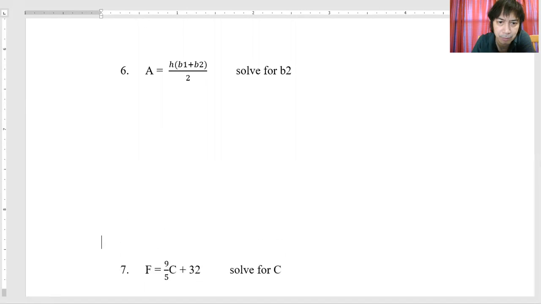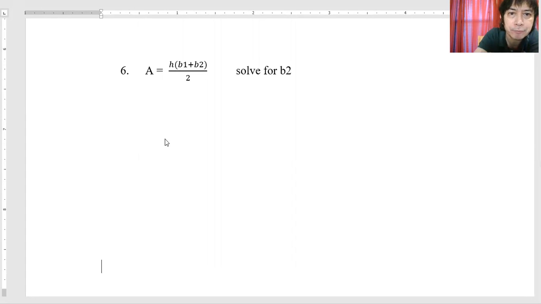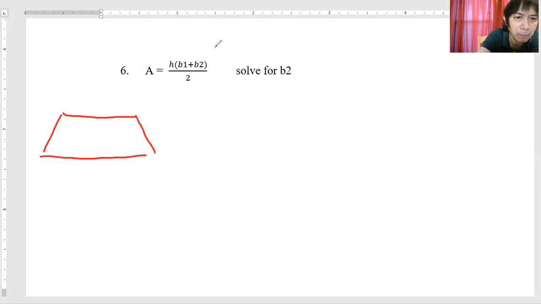All right, here's number 6. This is a formula for, I think, a trapezoid. If you still remember your geometry, the figure goes like this. This is the height, this is base 1, and this is the lower base, base 2.